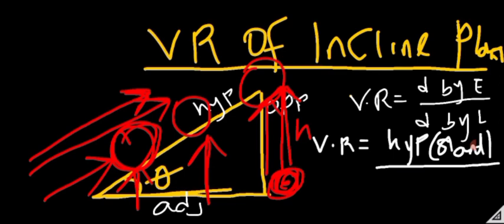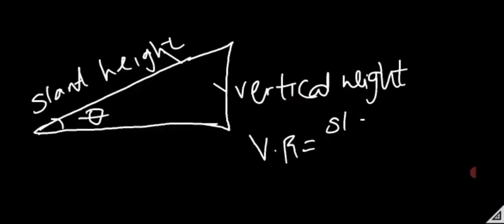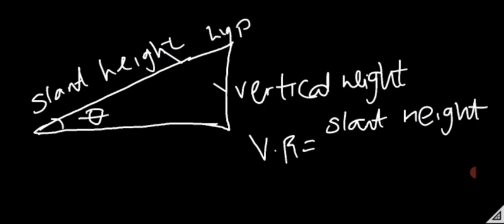So VR will be distance moved by effort over distance moved by load, which is, now distance moved by load is the opposite, which is also known as vertical height. So we now prove that VR is equal to slant height, and we know how we got slant height, which was the hypotenuse, over the vertical height.